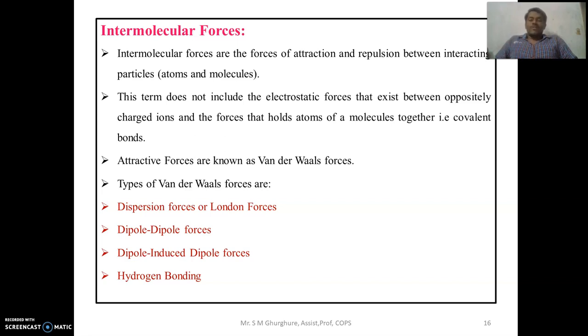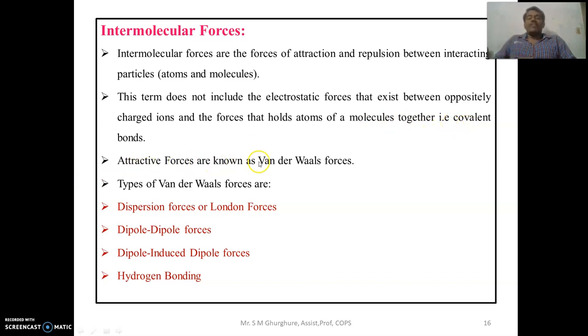Intermolecular forces means what? The forces of attraction and repulsion between interacting particles, meaning atoms and molecules. This term does not include the electrostatic force of attraction that exists between oppositely charged ions and the force that holds atoms of a molecule together, that is covalent bonds.